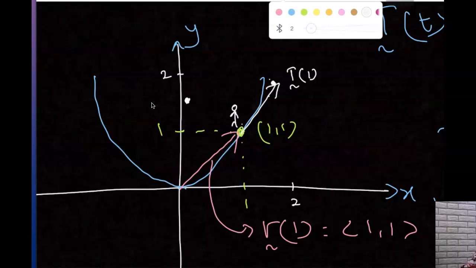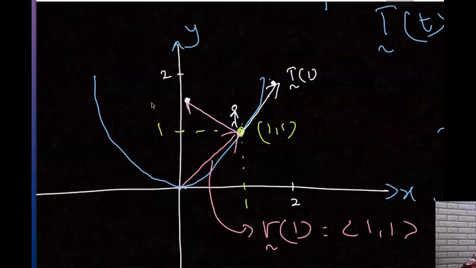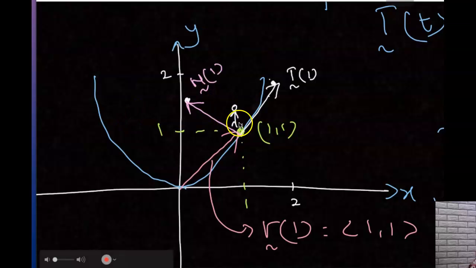So now, what color can I use now? Okay, I'm using this. So that is your n, unit normal at t equal to 1, and you can see that they are perpendicular.